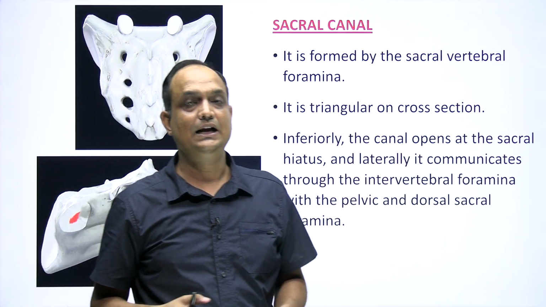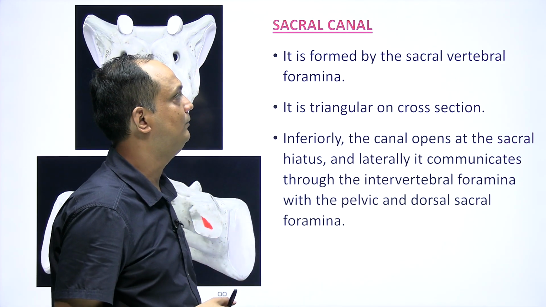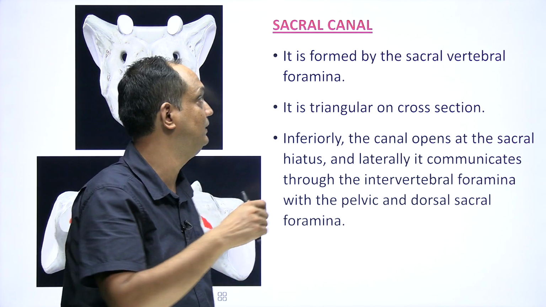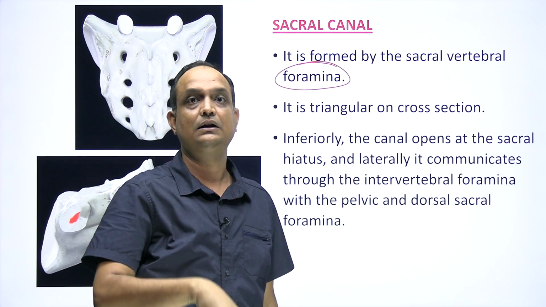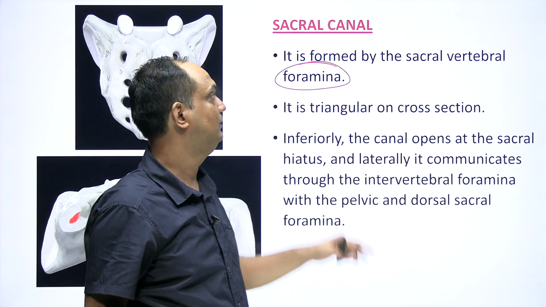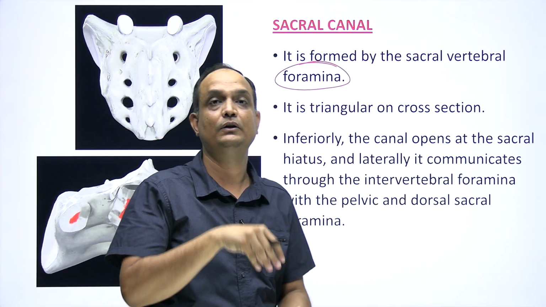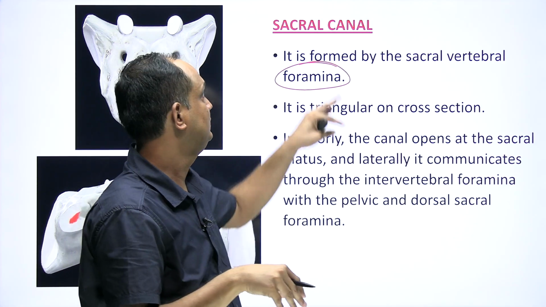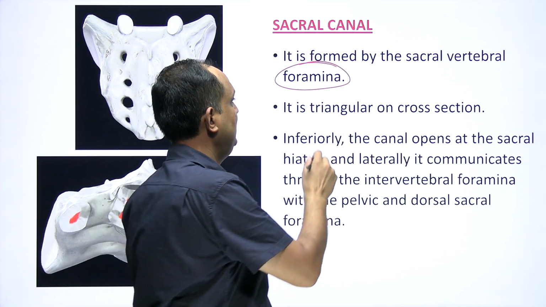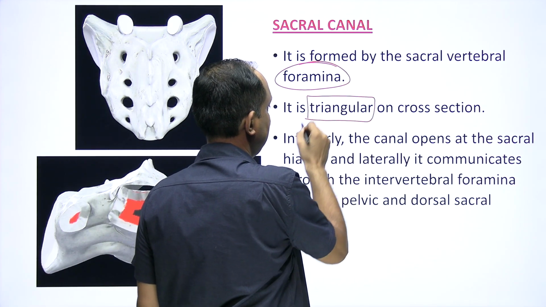Now what is sacral canal? The sacral canal is formed by the fusion of the sacral vertebral foramina, which we have seen every vertebra has as a centrally placed vertebral foramen, and the vertebral foramina of adjacent sacral vertebrae merge or fuse with each other to form the sacral canal. And the sacral canal is triangular in cross section.